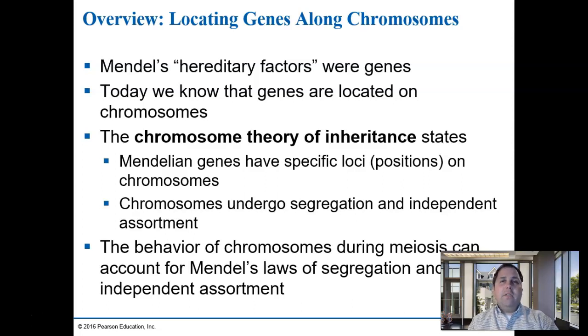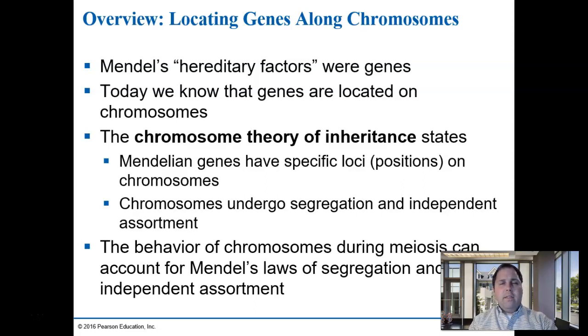So we're really fusing what Mendel saw with what we learned about meiosis to come up with this chromosomal theory of inheritance and really put the laws of segregation and independent assortment into some sort of context to try to understand what's going on inside of our cells.